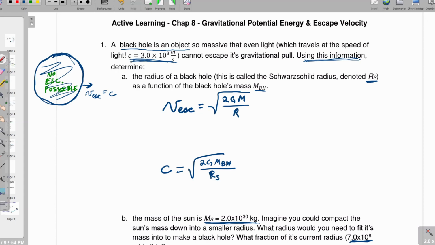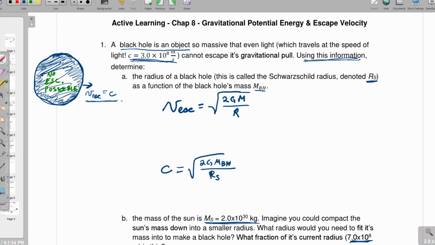So a black hole is so massive that even light, which travels at the speed of light, cannot escape. What that means is, if we have a black hole here, nothing inside of the black hole can escape, not even light. If we use that as the definition of a black hole, just some region where light cannot escape, then the boundary of such an object would be the place where the escape velocity is equal to the speed of light.